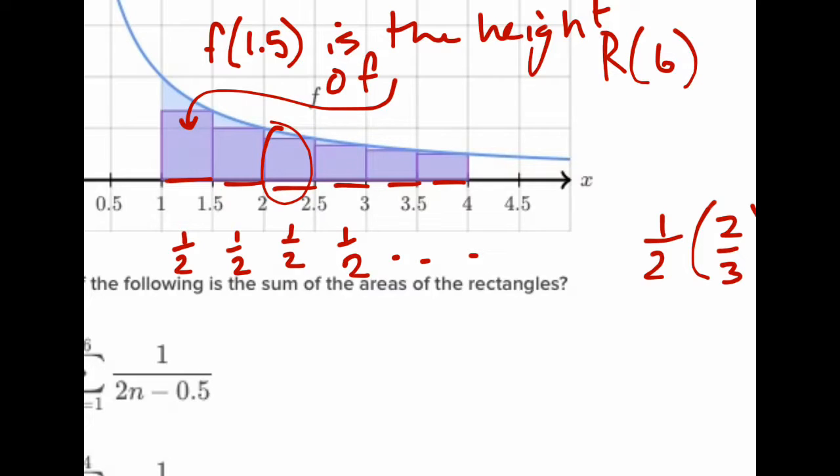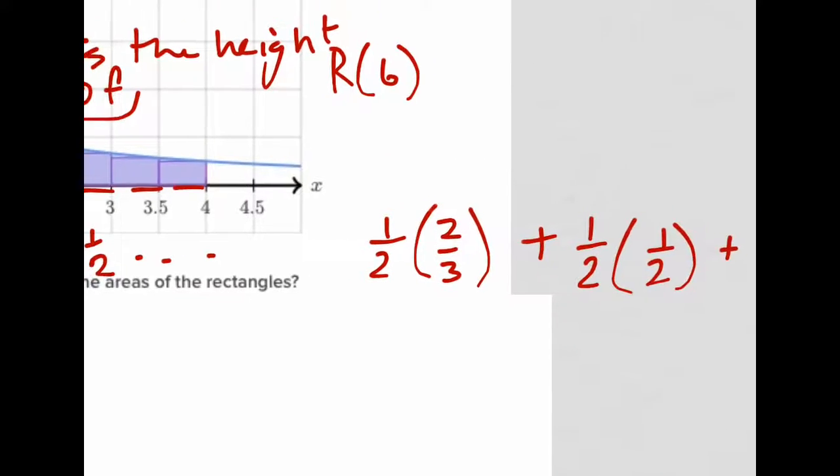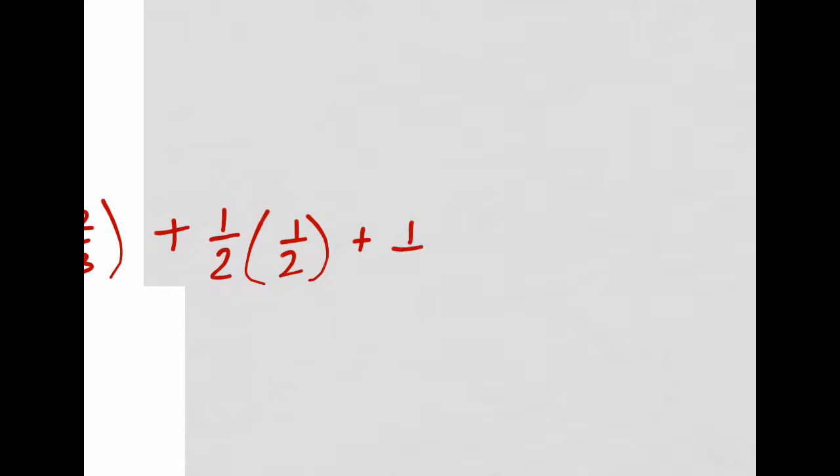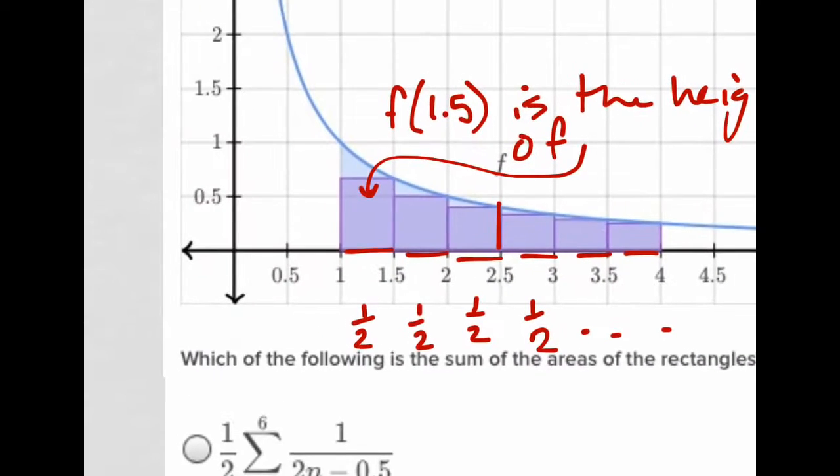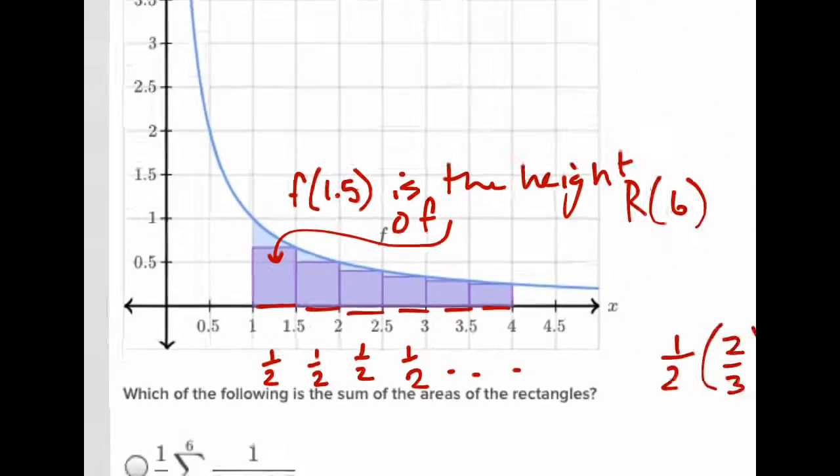And then the third rectangle. You really don't have to do this many, I don't think, but we'll see. So that's 1/2 for the base times the height. Remember, you can get the height by plugging in whichever corner touches. This is the right side, so I need the right side of that rectangle, which is 2.5, and plug it into my equation to find the y value, because that would be the height.